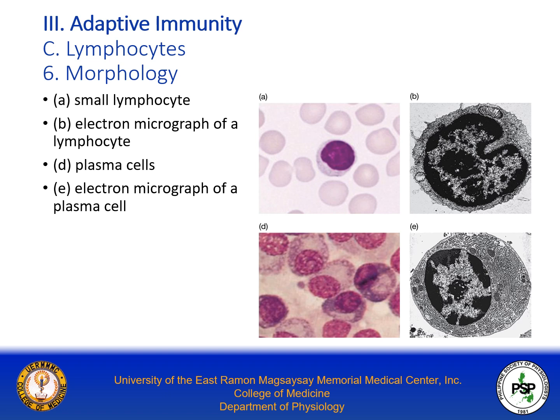In letter D, you have plasma cells. The nucleus is eccentric. The cytoplasm is strongly basophilic due to the high RNA content. Letter E is a plasma cell, and you can see that the endoplasmic reticulum is very prominent, and this is associated with synthesis and secretion of immunoglobulins.